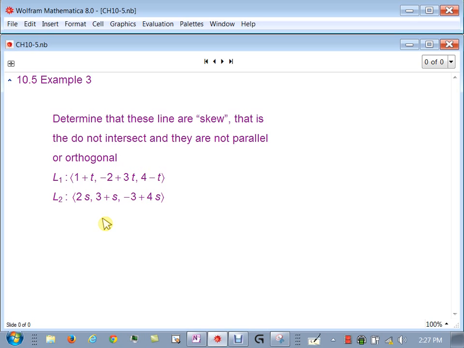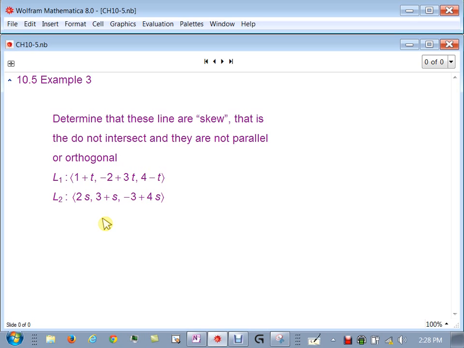Do you agree that at every point on this line, there's a t that gets you there? And then every point on this line, there's a t that gets you that one? Does it have to be the same t for both lines, like at this point where they hit? No. So I need to not call them t in both lines. One of them I'll call t, the other one s.